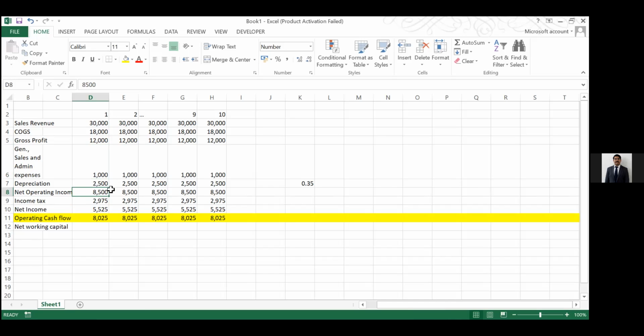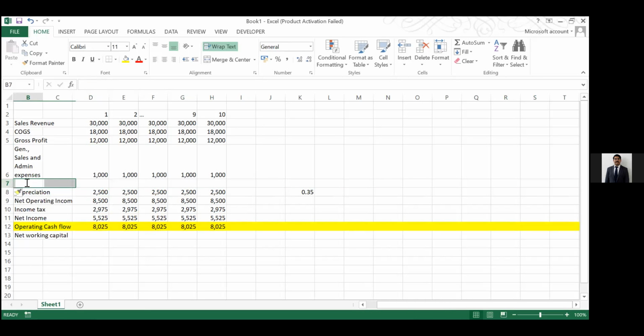So if you don't want to create confusion before depreciation, add a row, write EBITDA and calculate it. If you get confused like this, you better write it down.